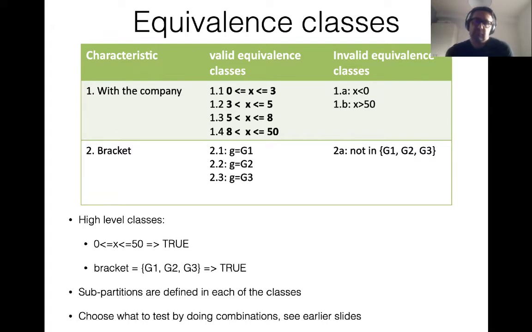Of course, if we change 50 to, say, 70, then that could also be an invalid equivalence class. So if you're unsure, you can of course add more classes, because this is just an analysis tool, right? It's not God-given how it's implemented or that it's truly true.